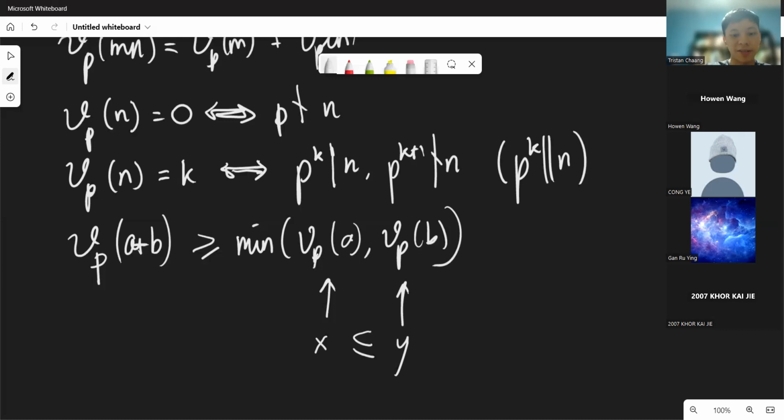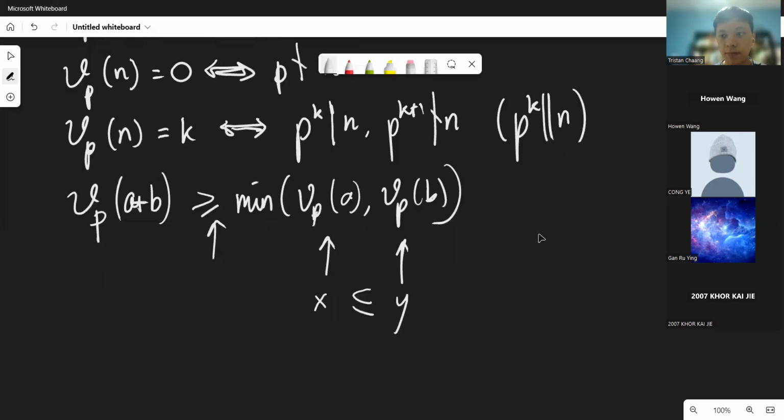So what condition forces this to be an equality? Any idea? But it's not a necessary and sufficient condition. It's just a sufficient condition, I should say.